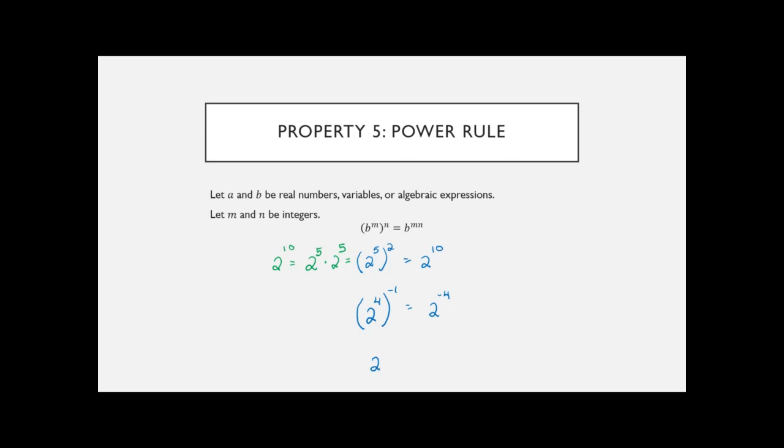And even if you have something with the 0, 2 to the 3rd to the 0 power, multiply those exponents. 3 times 0 is 0, so that's 2 to the 0, and then that's just equal to 1. So if you have exponents on top of exponents, you multiply them. You can get this rule from following previous rules.